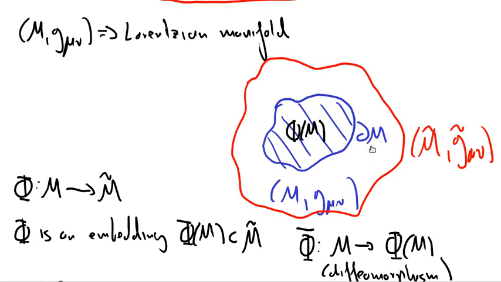I will show you later how you can use the conformal boundary to extract useful information about the global structure of our original manifold M. This will be achieved when we compute the conformal compactification of explicit solutions of the Einstein equations, and this will happen in the next lecture.